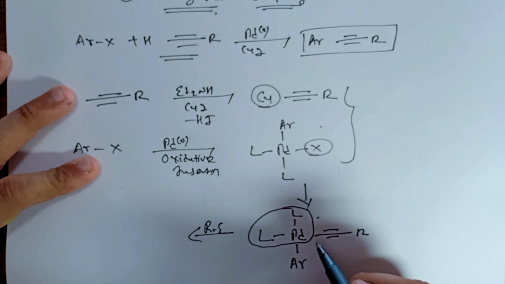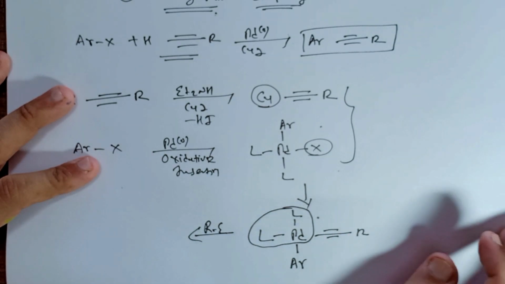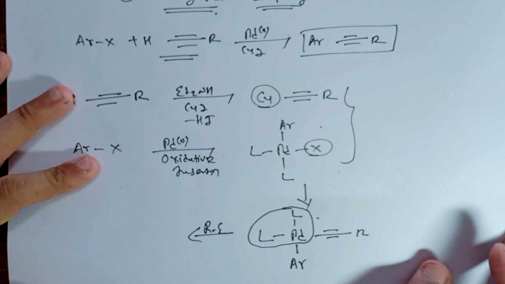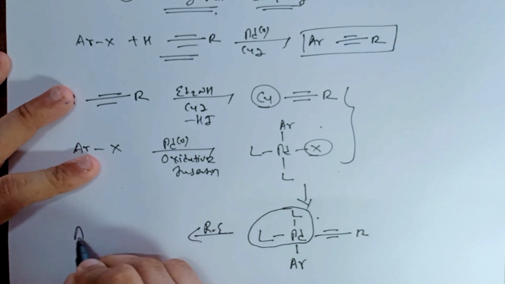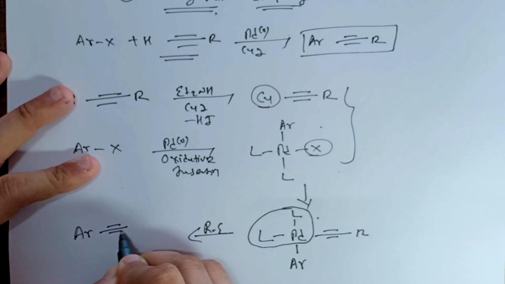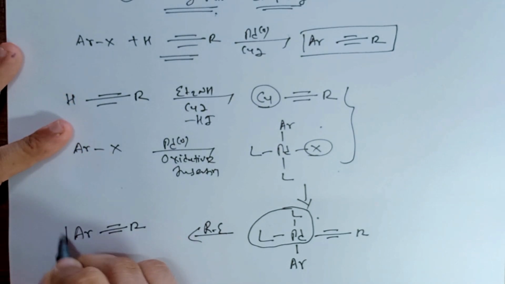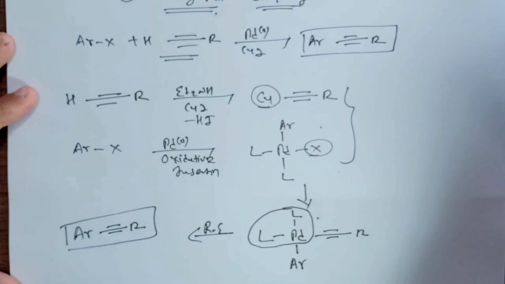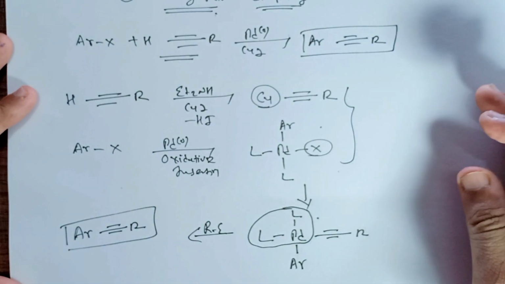As we know from the reductive elimination reaction, there is a decrease in oxidation state. So here we are having Ar group, and that is triple bond over here, that is an alkyne group. So Ar triple bond R group. That type of reaction is known as Sonogashira reaction.